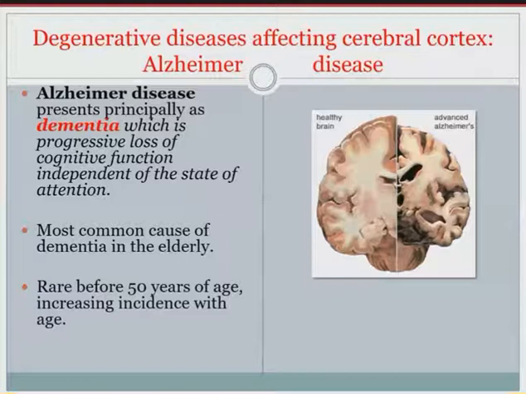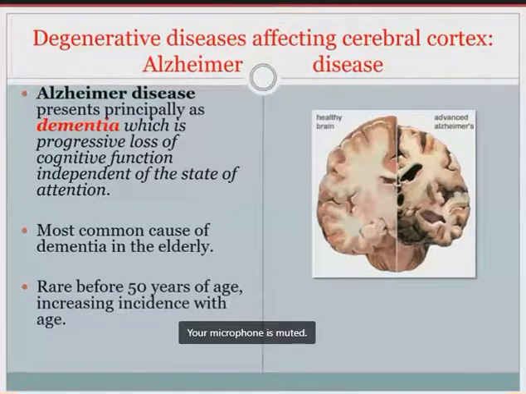Can anyone tell me? There are some actors and sports persons who are suffering from diseases with dementia. A few well-renowned actors and sports persons suffer from this kind of disease. Can anyone give me an example?